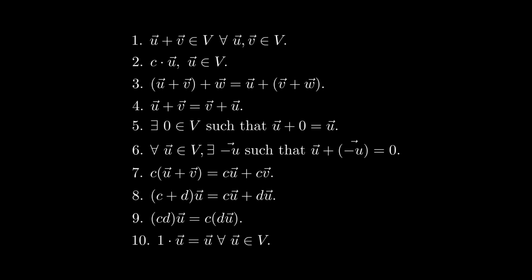The sixth says that there exists an additive inverse. Seventh and eighth are about distributivity of scalars over vectors. Ninth means that multiplying two scalars first and then by a vector is the same as first multiplying the scalar and the vector and then by the scalar. The last one just says a vector doesn't change when multiplied by 1.